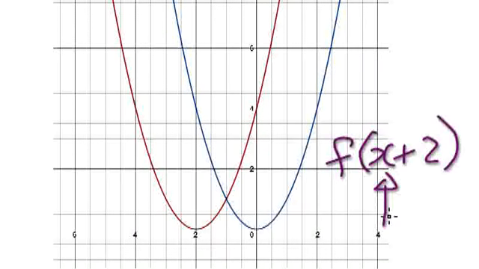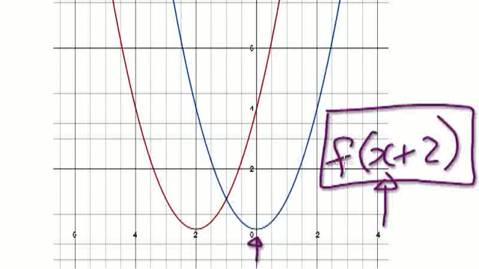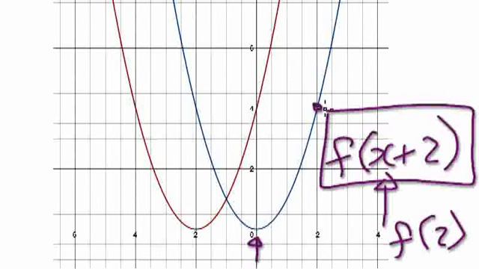If you put 0 into this x here, it's the equivalent of you working out f of 2. The f of 2 of the old function will be here. Basically, what I'm trying to illustrate is that it gets shifted across like this.